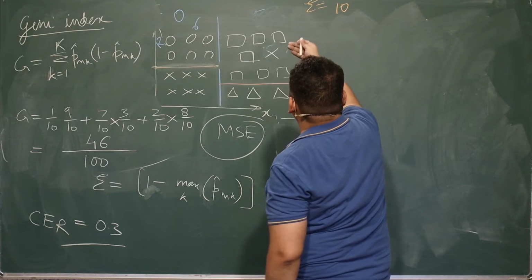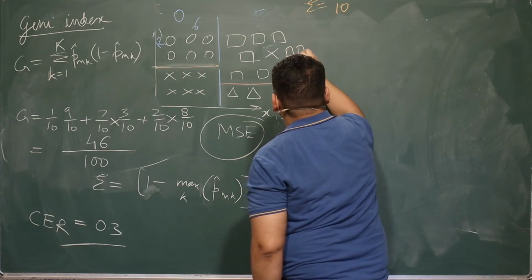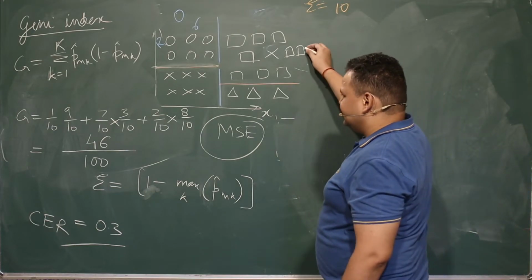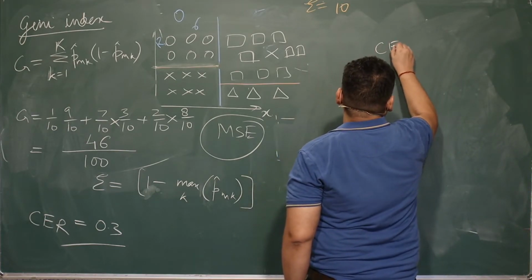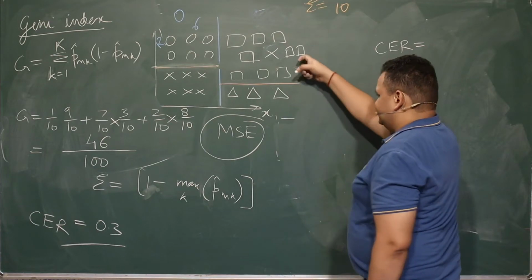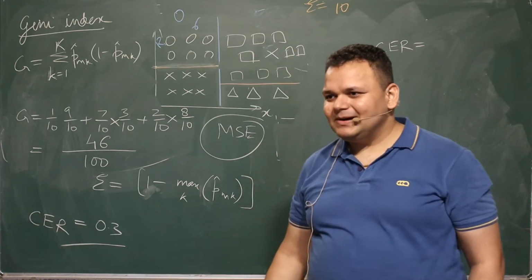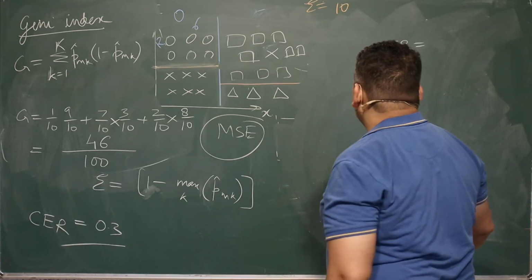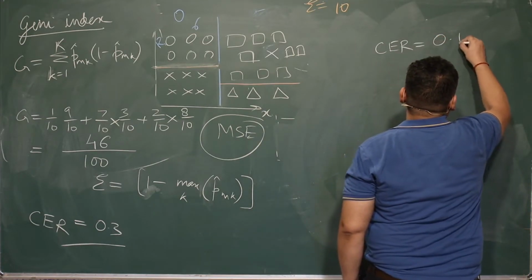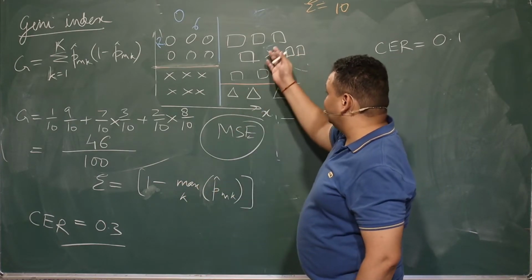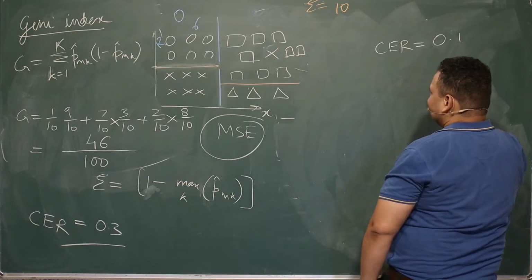Let us say I had 2 squares here. क्या आएगा इस केस में CER? CER in this case is going to be what? 0.1. Okay, it's quite straightforward. 1 minus max of this is going to be 0.9 in this case, so we will get 0.1.